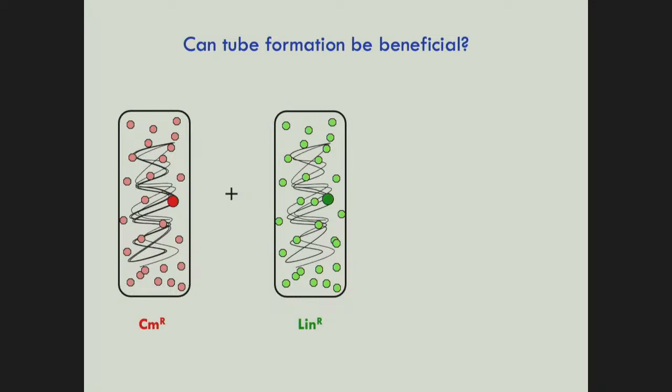So whether this tube formation between the cells can be beneficial, or it's just incidental. For that, we had the assumption that one will take just one kind of antibiotic resistant bacteria and another kind of antibiotic resistant bacteria, and if we grow them together, the idea was there would be formation of double antibiotic resistance.